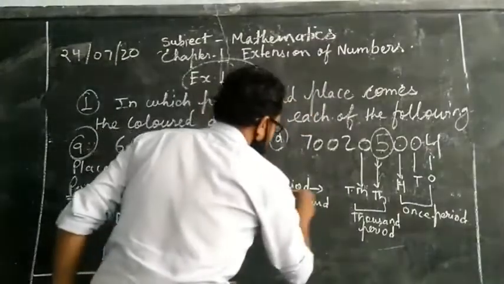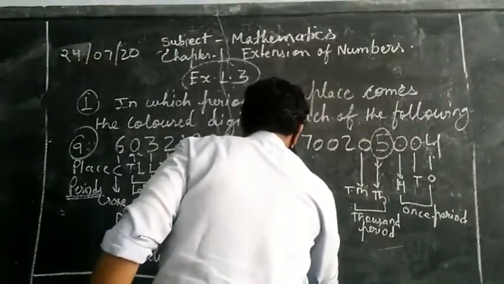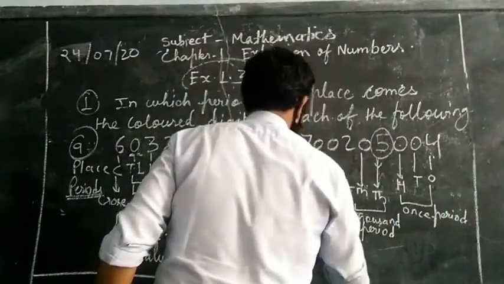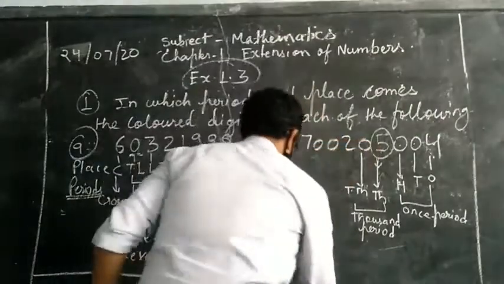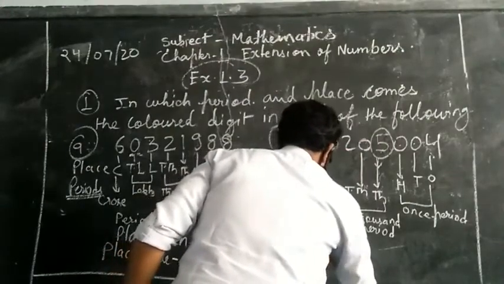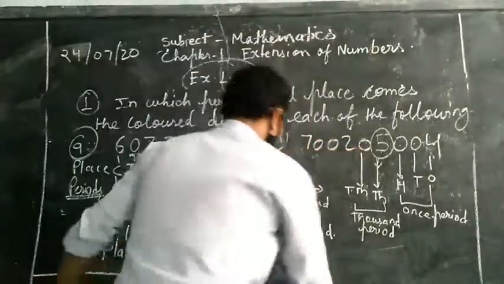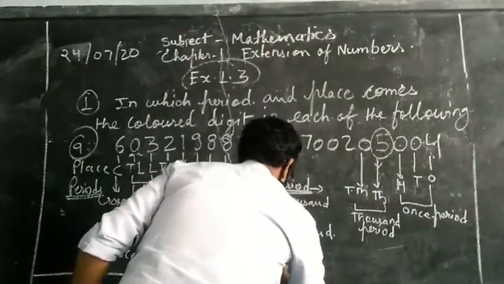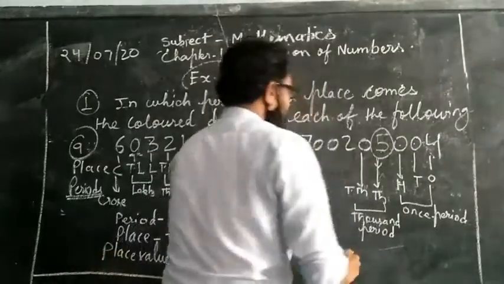Now, what is the place of this 5? Its place is thousand. And the place value of it is 5000.